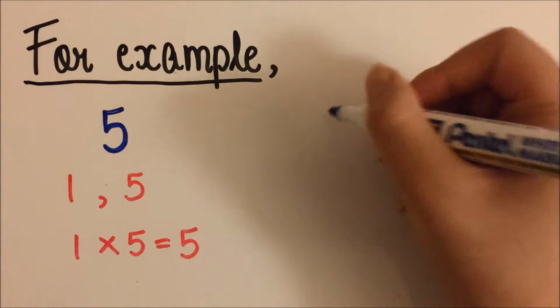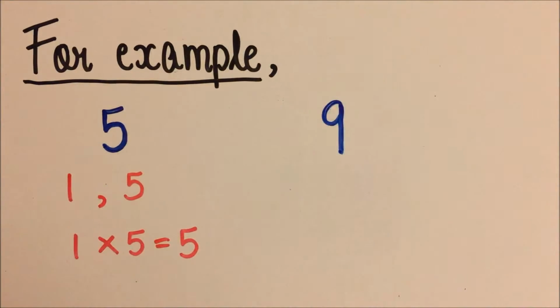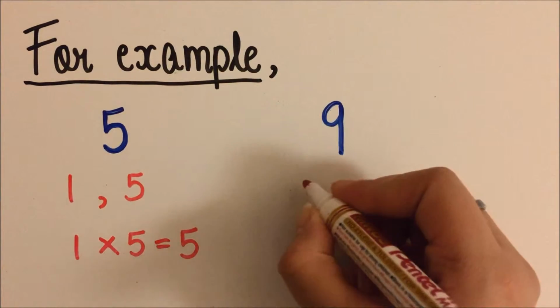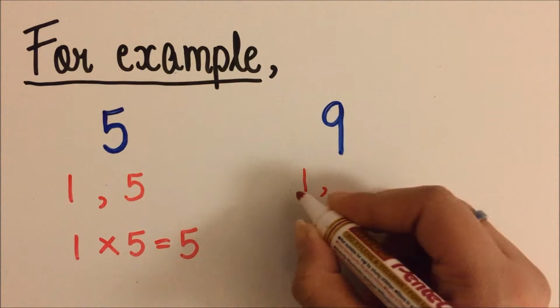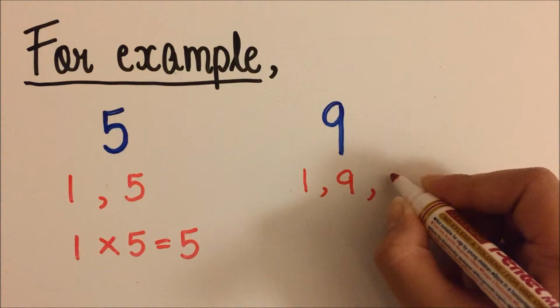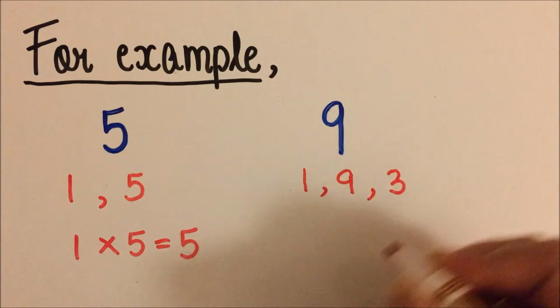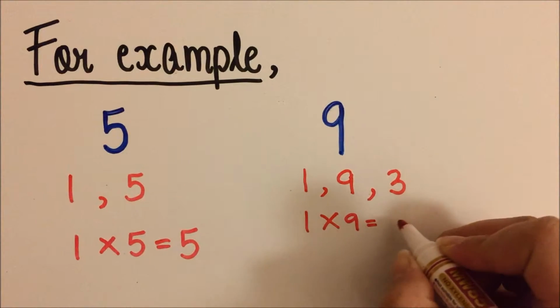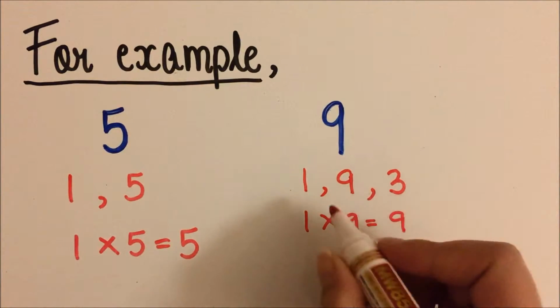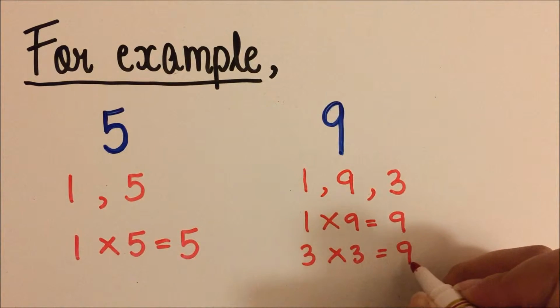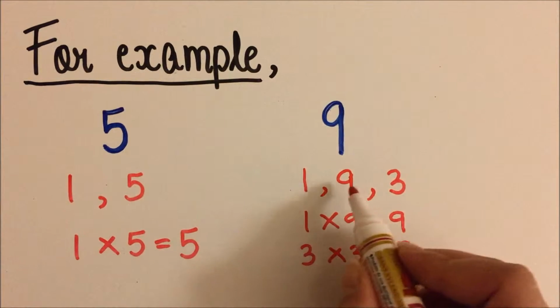But let's take a look at 9. 9 is not a prime number, and it's not a prime number because it obviously goes into 1 and 9, but it also goes into the times table of 3. So let's have a look here. 1 times 9 gives us 9, but 3 times 3 also gives us 9, so that's 1, 2, 3.